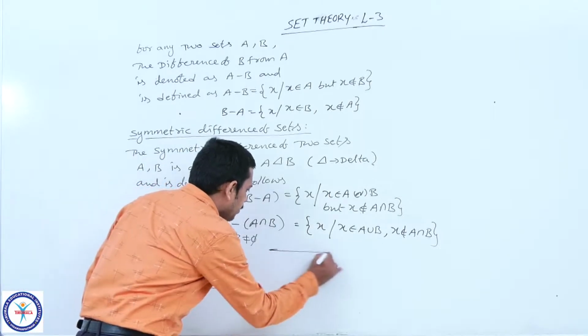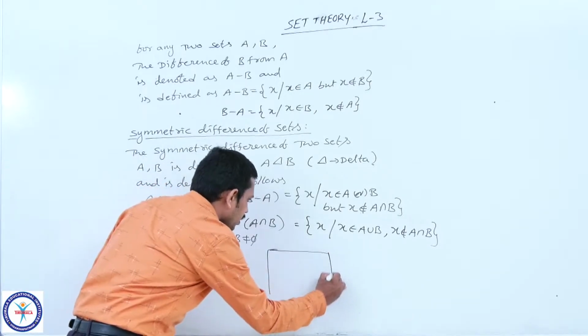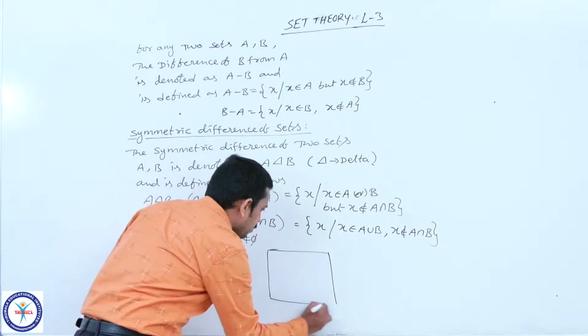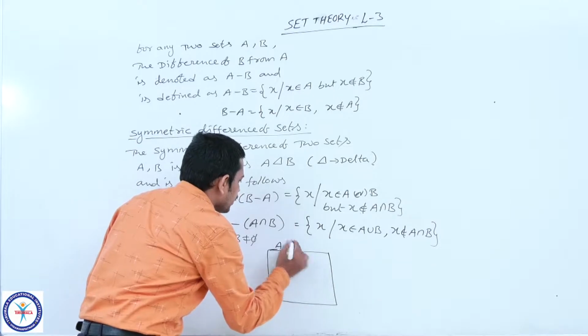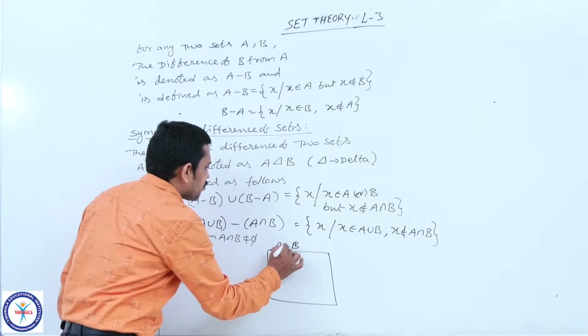Suppose A and B are disjoint sets. Then how can we represent the symmetric difference of A and B?